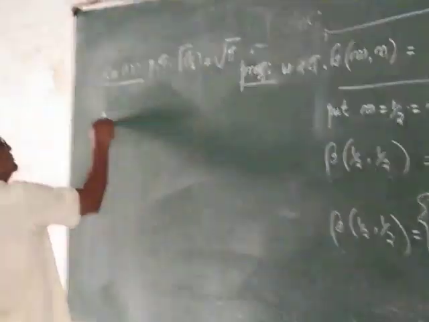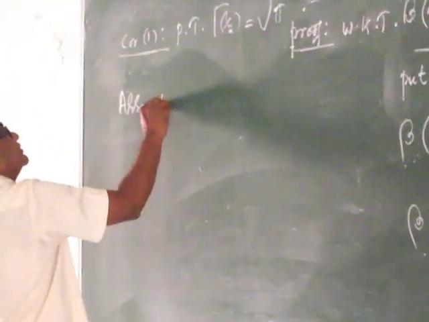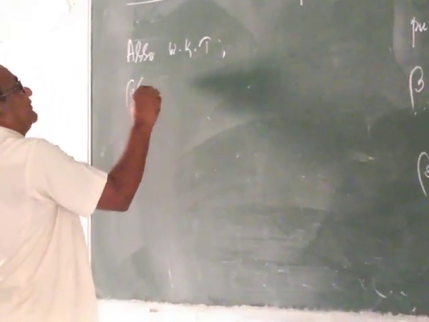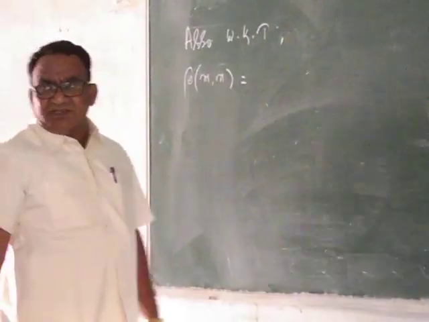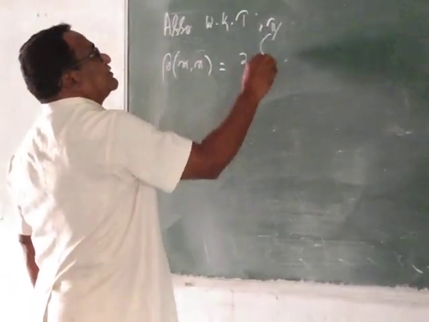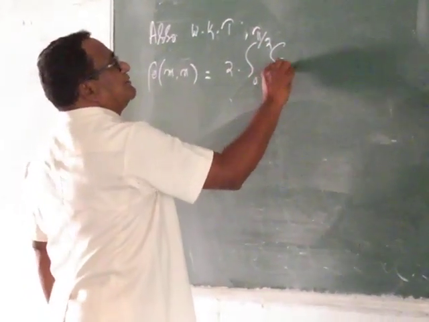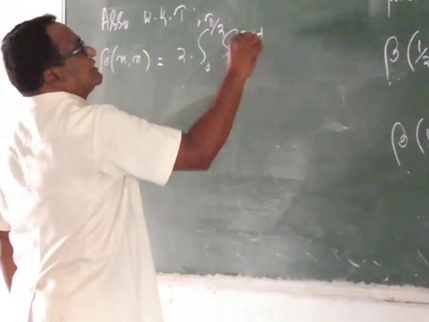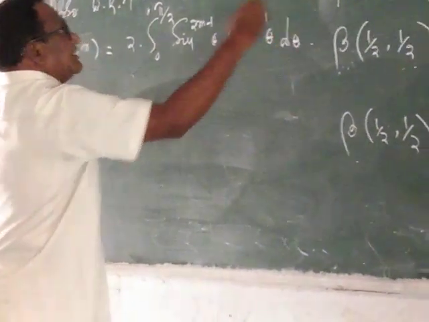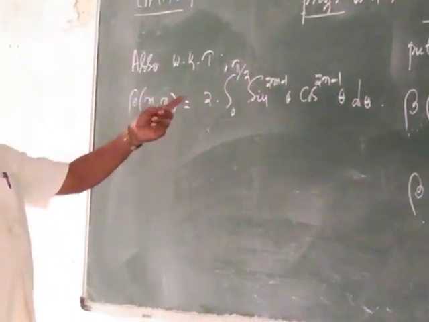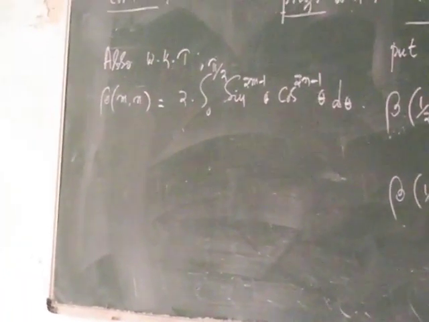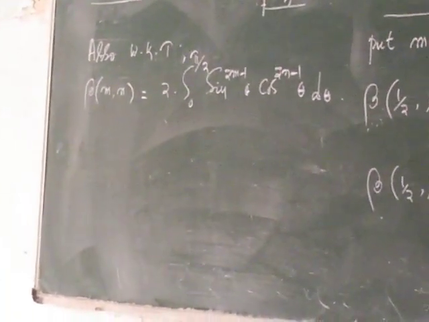In order to prove this result also, we know that by the property of beta function, beta m, n is 2 times the integral from 0 to pi by 2 of sin to the power 2m minus 1 theta into cos to the power 2n minus 1 theta d theta.